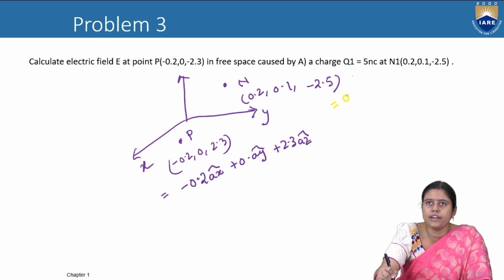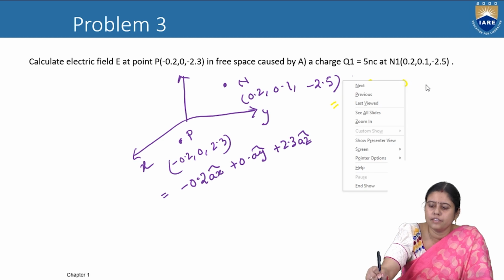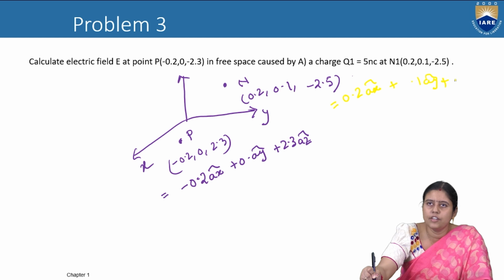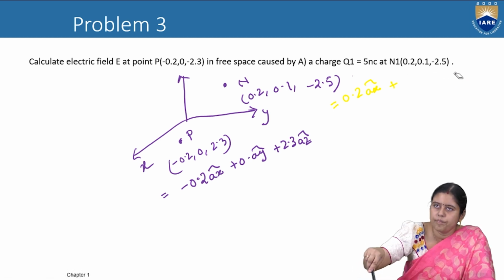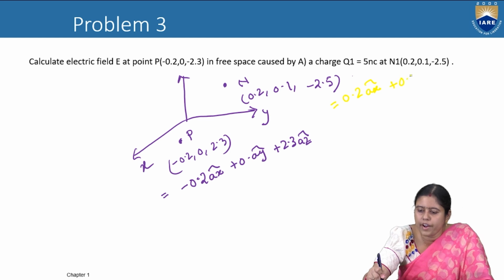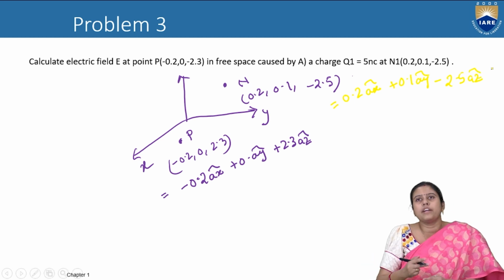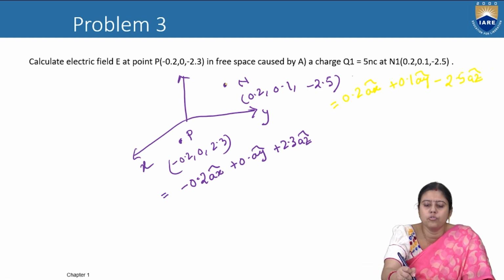N position vector is 0.2 AX plus 0.1 AY minus 2.5 AZ.